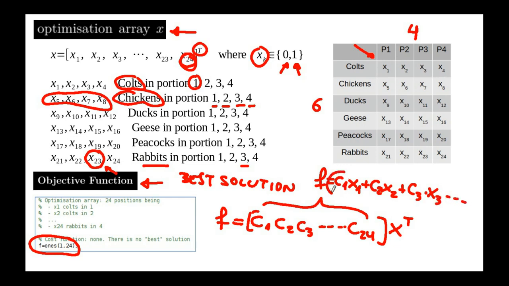So every coefficient means how good it is to put a 1 here for the solution of the problem, for the maximization or minimization of the cost function f. MATLAB only needs this, all the coefficients.